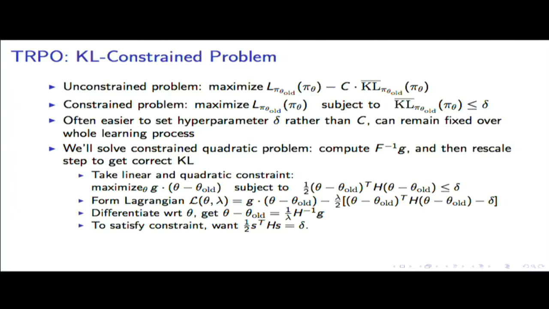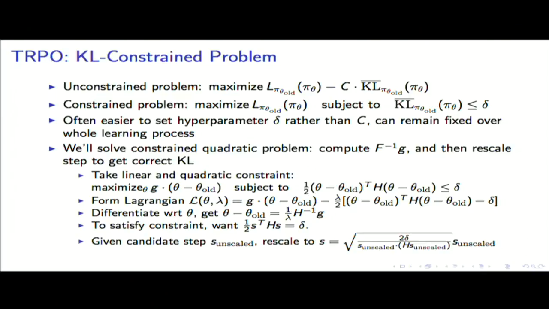And to satisfy this constraint, we want this quadratic approximation to the KL to be equal to delta. So we want to scale our steps so that this term has the value delta. What you can do there is calculate exactly how much you should scale it, and it turns out to be this expression here.